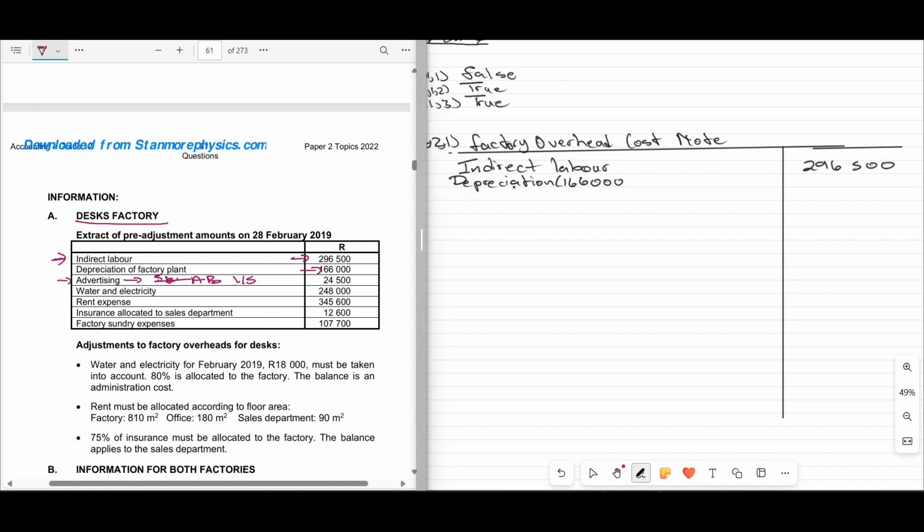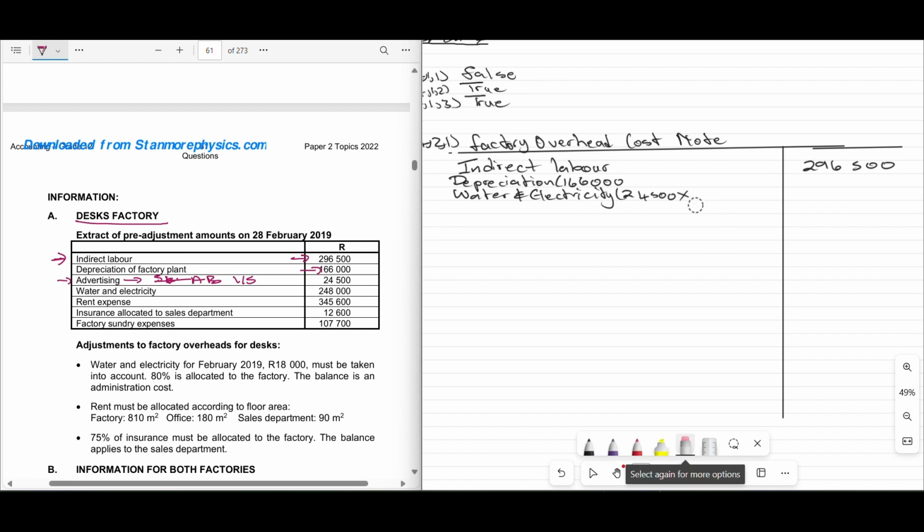So we have water and electricity. We open our bracket. We take 24,500. Then we have rent expense.